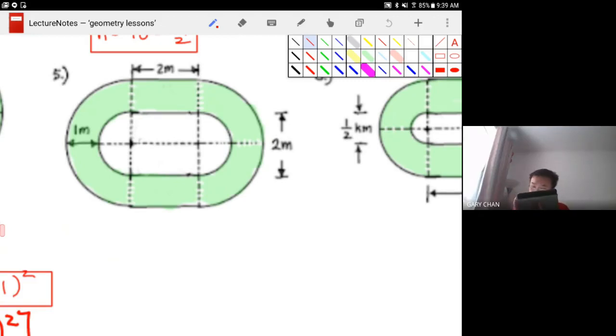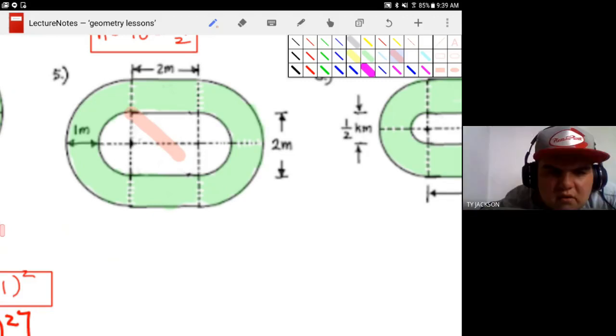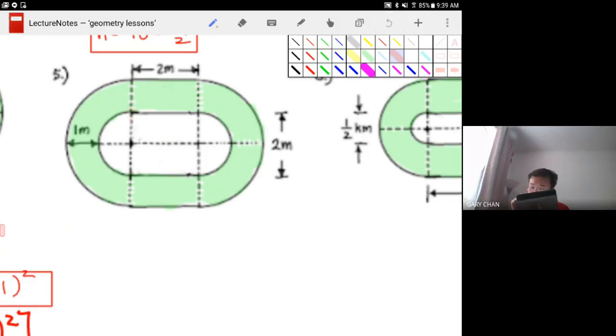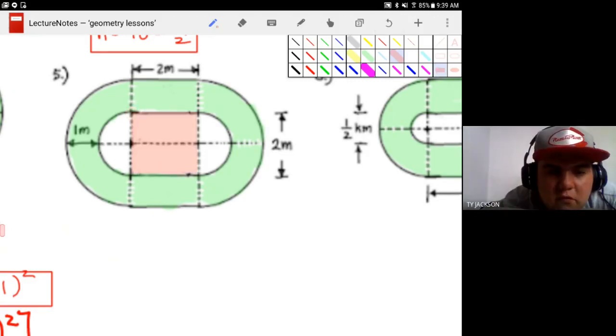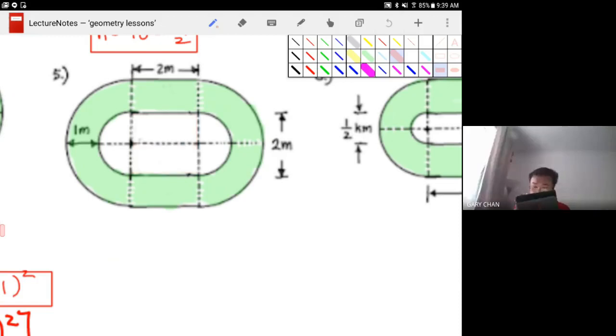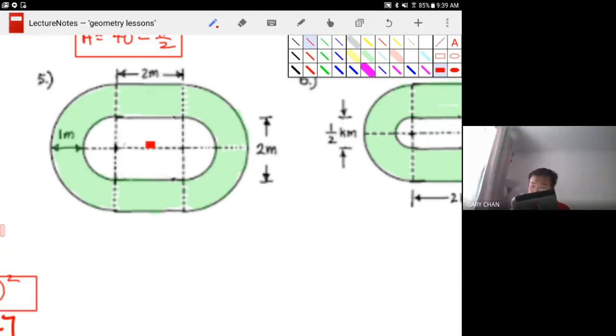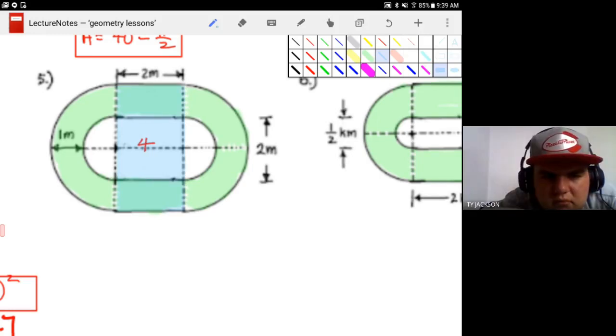What's the area of the rectangle that is inside? How much is that? 4. It is indeed 4. I totally agree with that. So that area there is 4. What about the area of the bigger rectangle? 8.